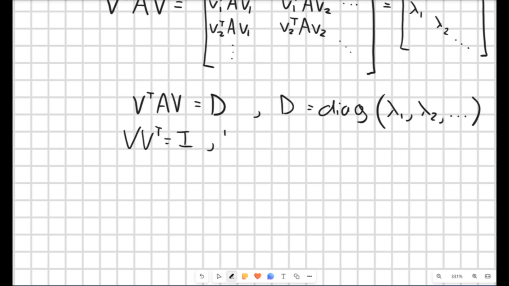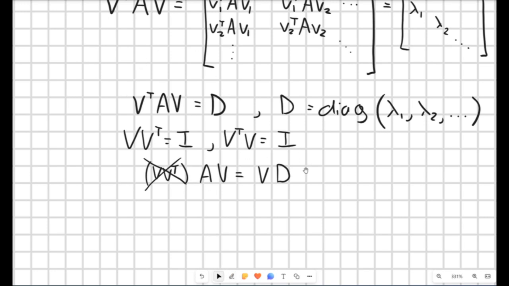Likewise, if you multiplied V transposed by V, you would get the identity matrix. So if we take this and pre-multiply by V, you have V V transposed A V equal to V multiplied by D. This thing's equal to identity, so we can just ignore it.